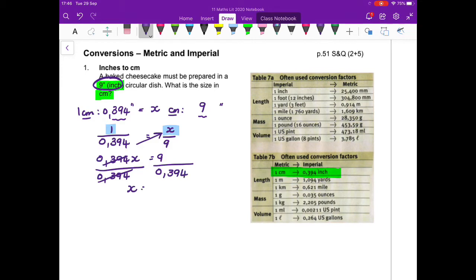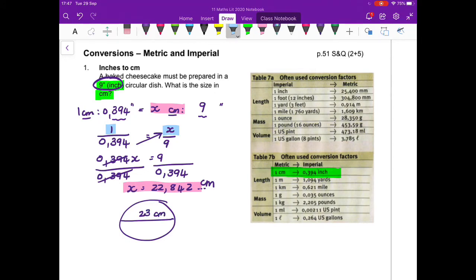And if you do that on your calculator, you will get 22,842 and so on. What are these? Well, X was centimeters. So I have to fill in centimeters. And remember, baking dishes are always in whole units. So my circular baking dish has a diameter of 23 centimeters.